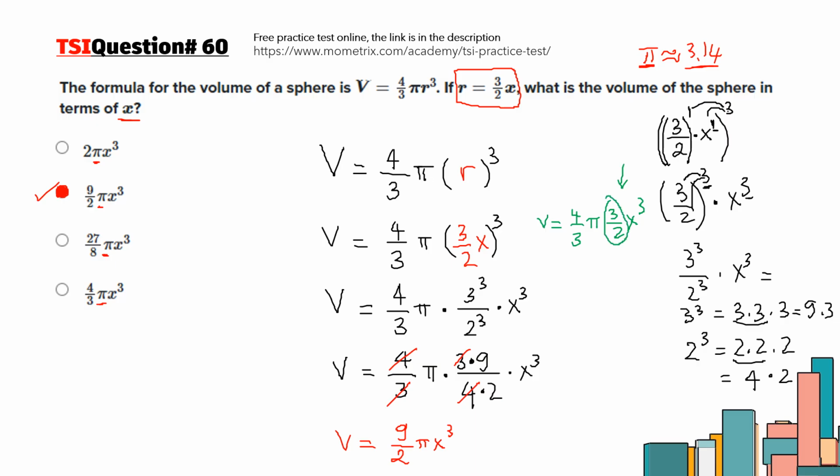So the parentheses remind us to distribute that power to the 3 over 2 and to x. This is also a common mistake most students will make, so be careful with that.